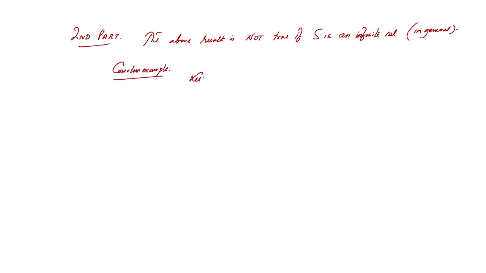So let us consider S equals N and define a map F from N to N as follows. N means the set of natural numbers 1, 2, 3, 4 and so on, by f of n equals 2n for all n belonging to the natural numbers.